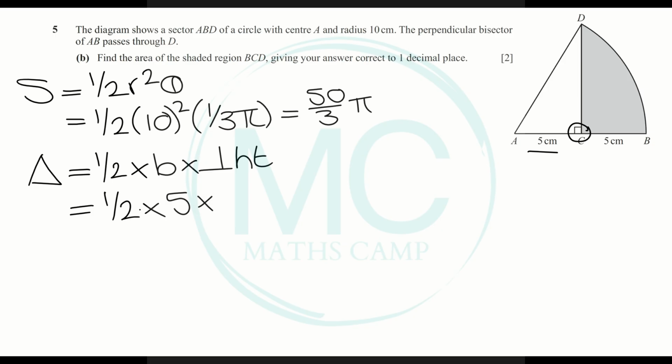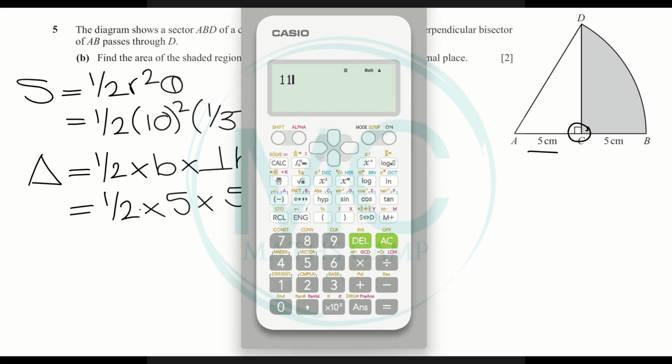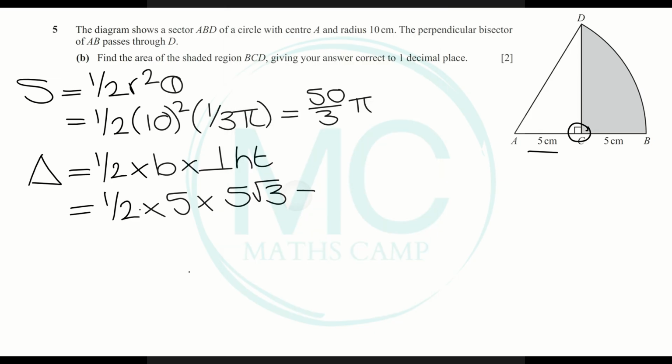And in part A, we found the perpendicular height, CD, to be 5 root 3. Now I can take my calculator, say 1 over 2, multiplied by 5, multiplied by 5 root 3 is equal to 25 root 3 over 2. Let's leave that as it is for now.